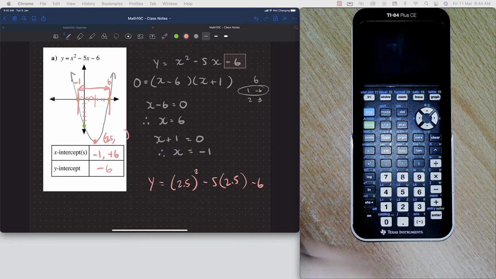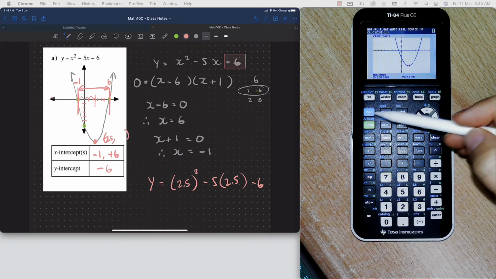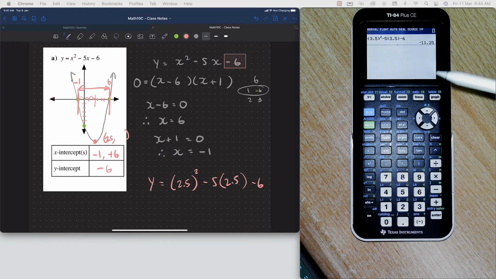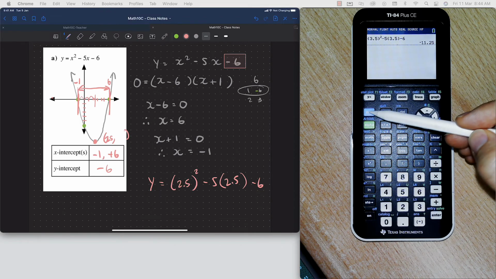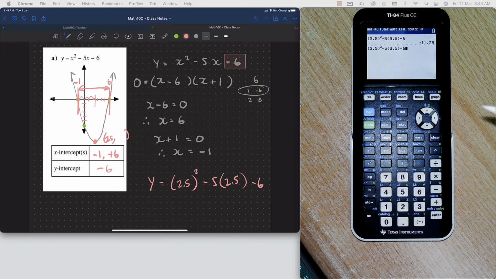Okay, so I'll go back to my calculator, go in quit right there, and remember, if I hit second and enter, I can bring this back in there and use the insert and delete keys, or I can just paste that back in there.